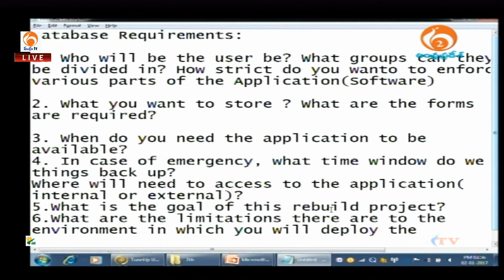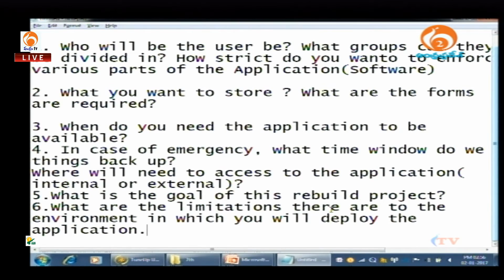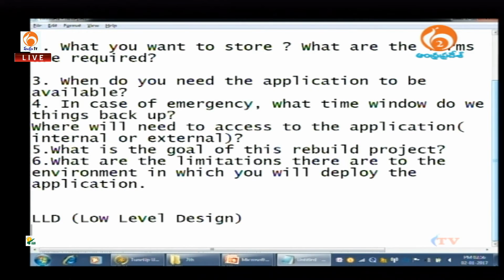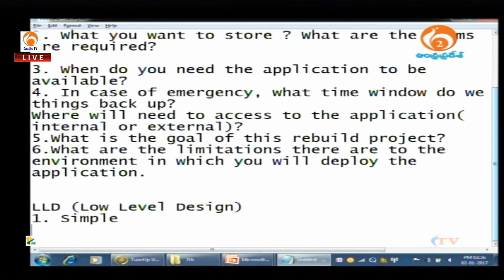In low level designing, it should be simple. Simple means the design should allow you to keep moving forward with the least amount of resistance. It should be easy to understand with full clarity.